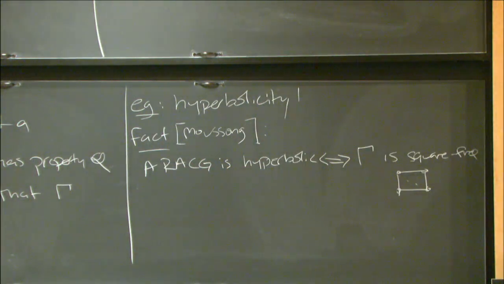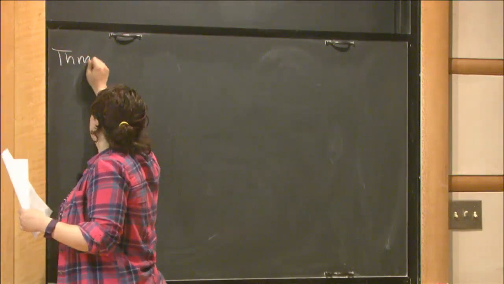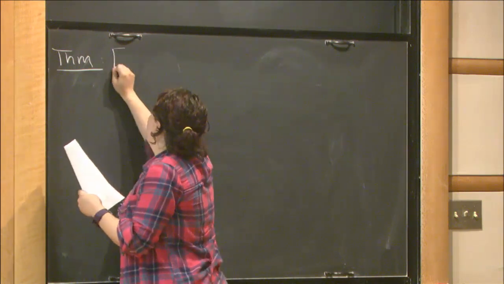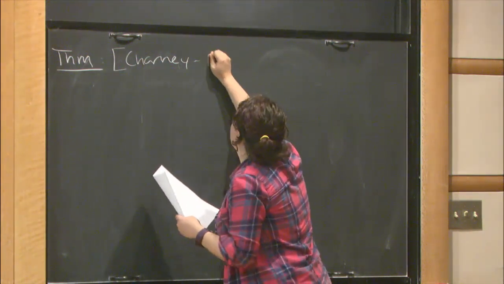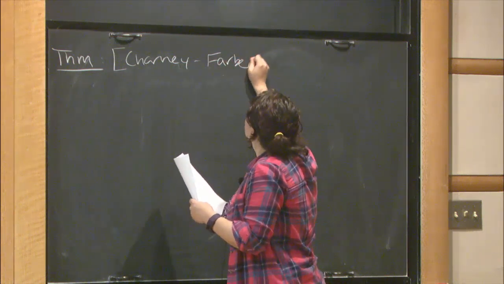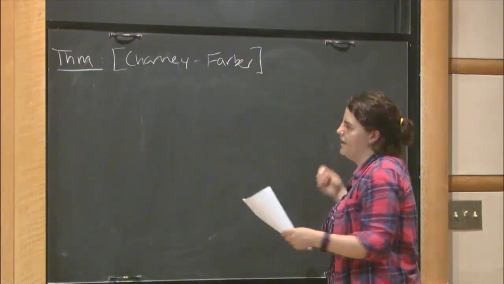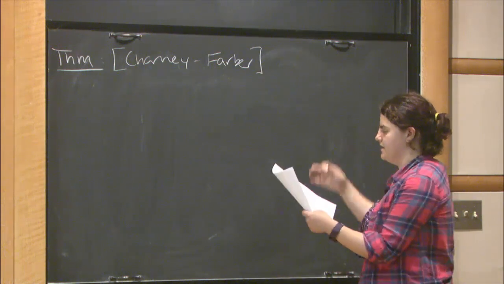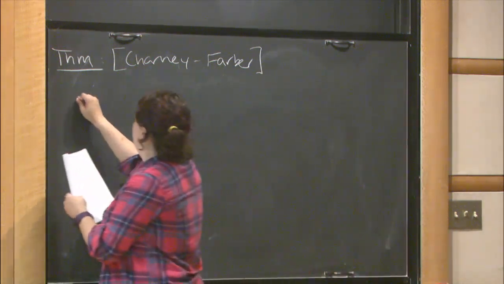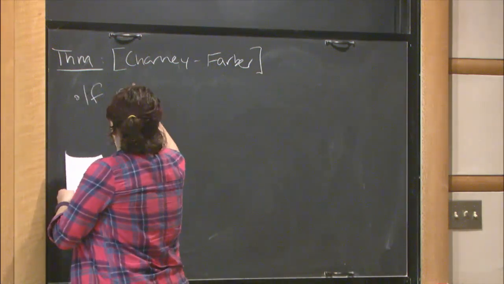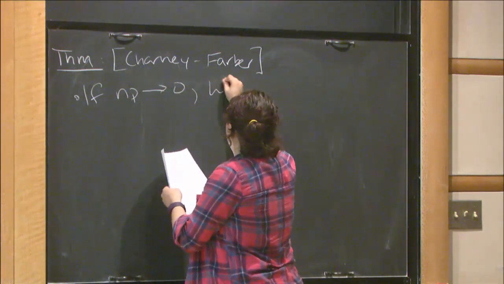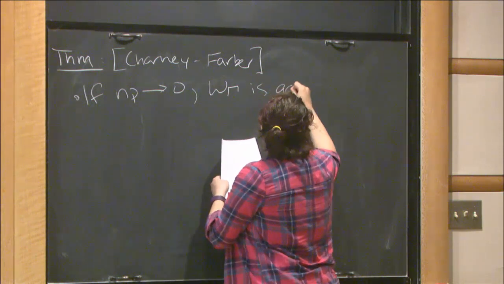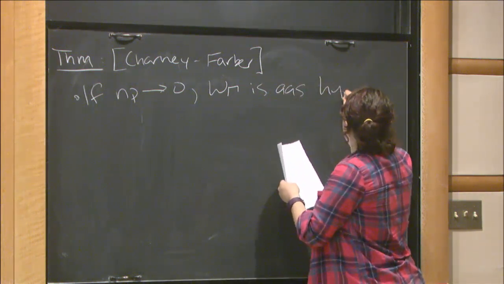From there, it's a theorem of Ruth Charney and Michael Farber, the random part of this. If np goes to 0, then W gamma is asymptotically almost surely hyperbolic.